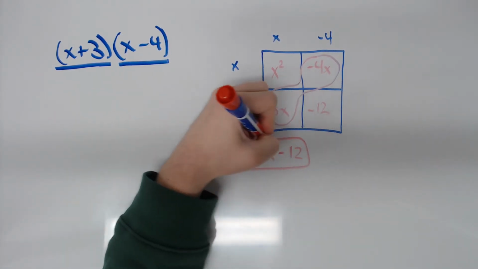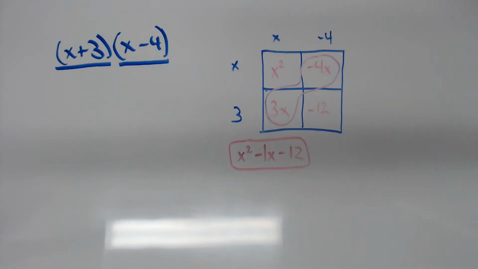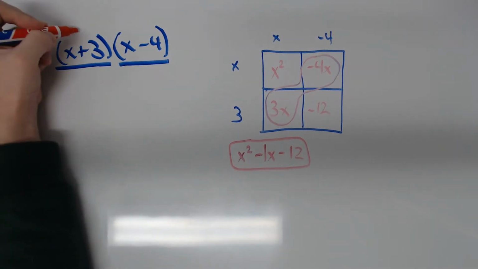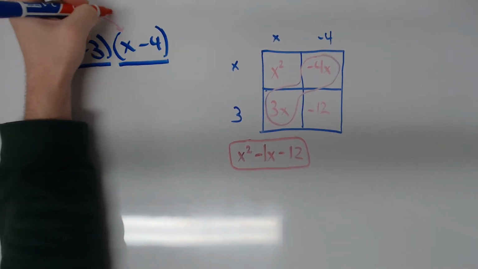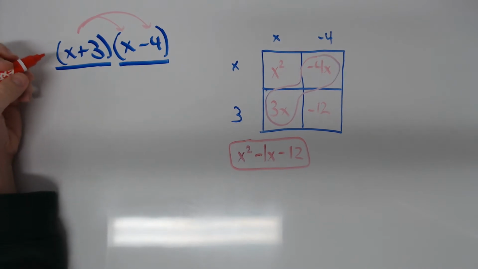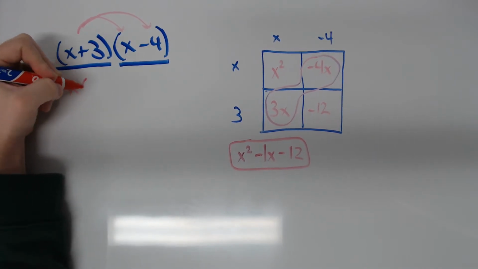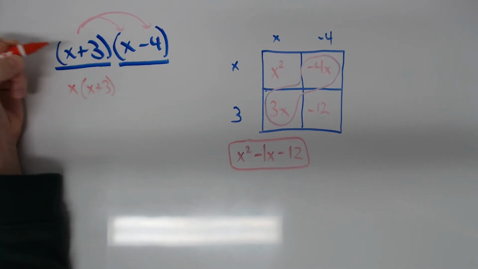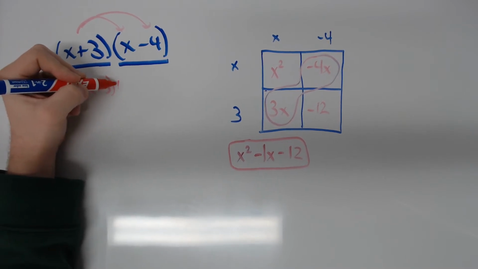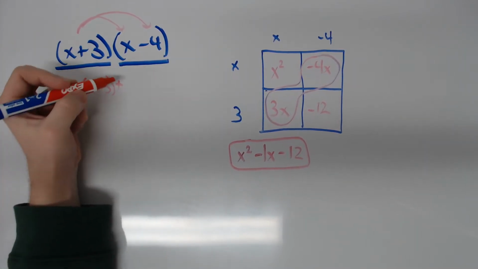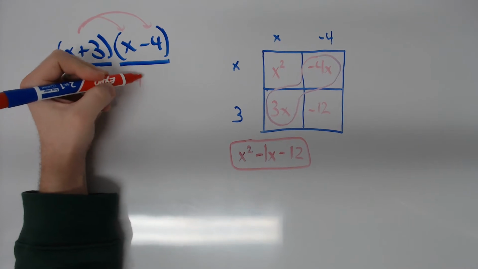And get an answer. So real quick, side by side, I'm going to do the distributive property. So I'm going to throw this whole parentheses inside the other parentheses by distributing. X plus 3, plus negative 4x plus 3.